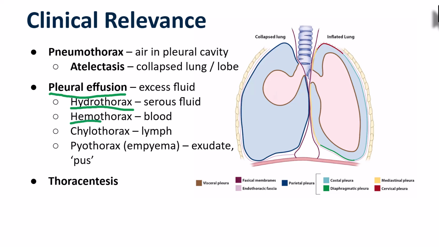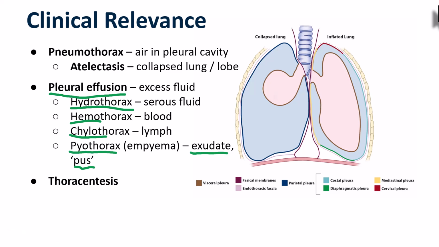If there's an interruption of any of the vessels and there's a bleed into it, then that can exert pressure on the lungs. Chylothorax, if there's an influx of lymphatic fluid. Or pyothorax or empyema is when there is exudate, colloquially referred to as pus, that enters into the pleural space.